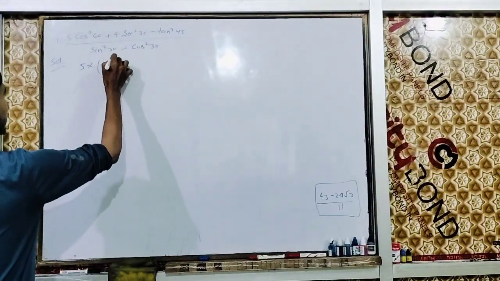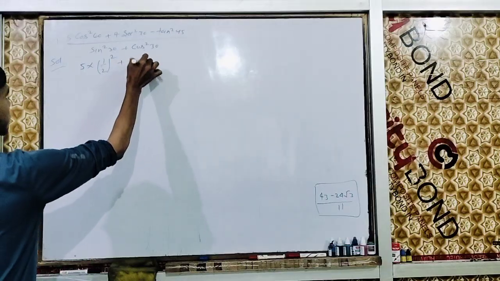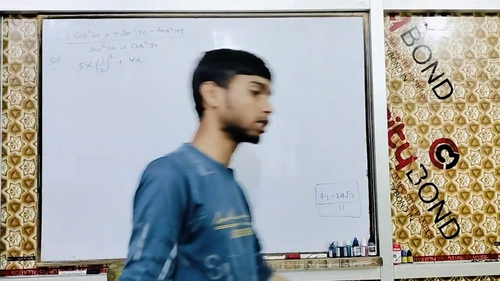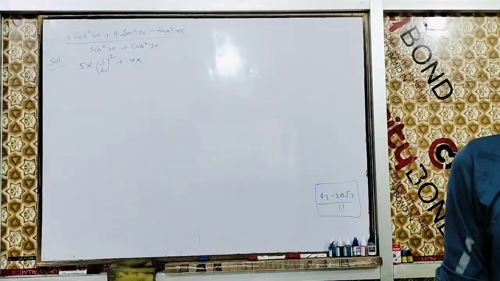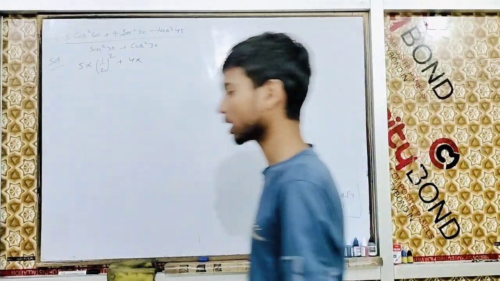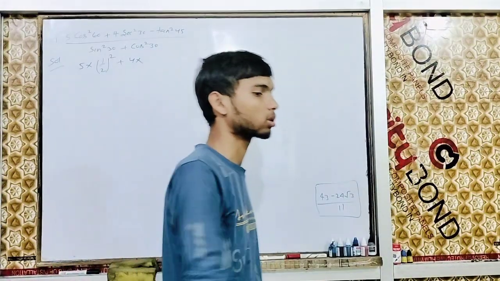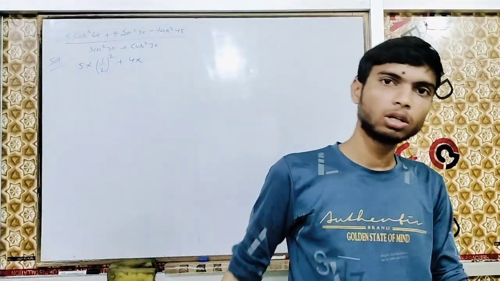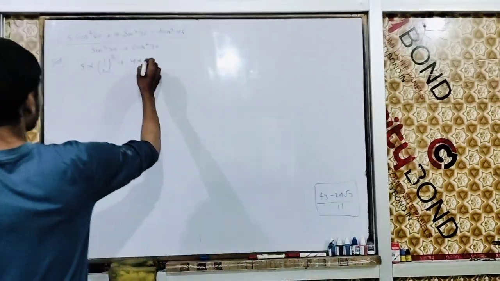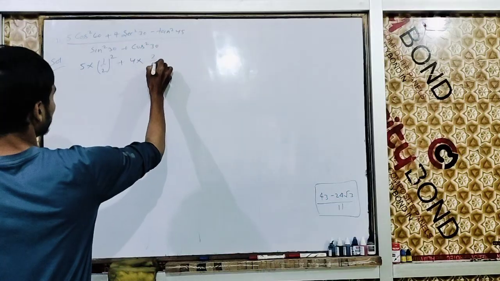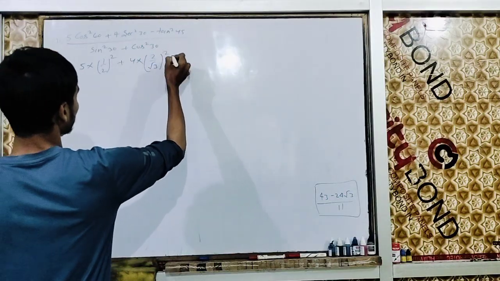We have 1 by 2, and 1 by 2 is in a square, 4 as it is, sec 30. It is just the reciprocal of cos. Cos 30 comes out as root 3 by 2, but sec 30 would be 2 upon root 3, and this is in a square.